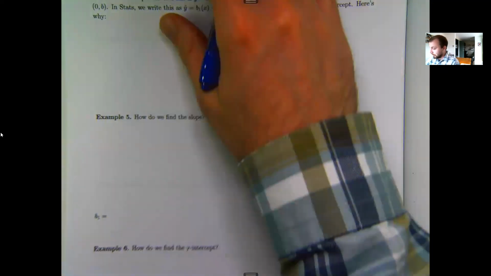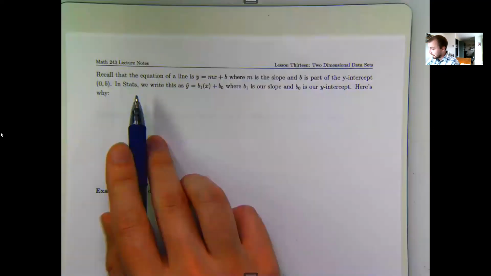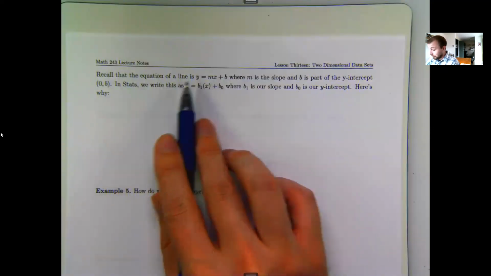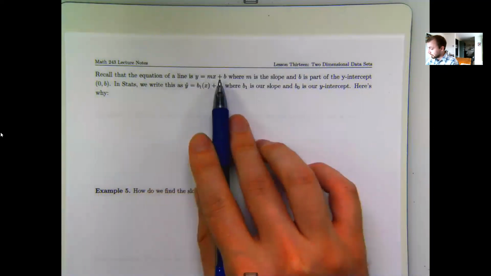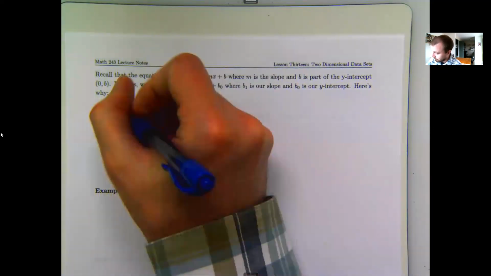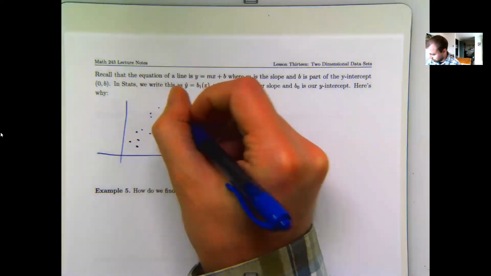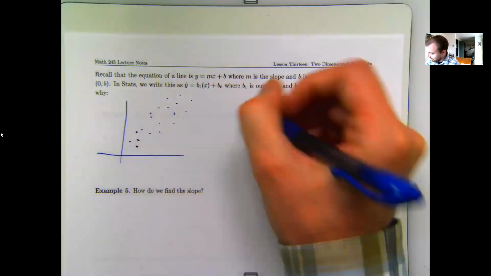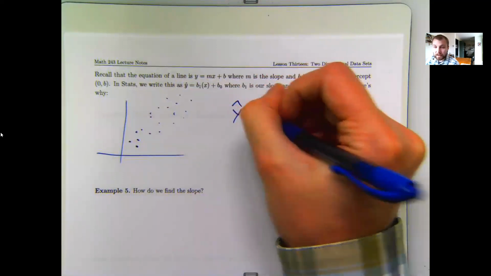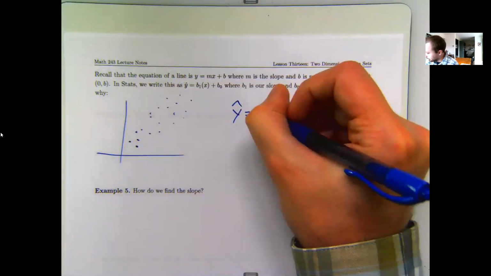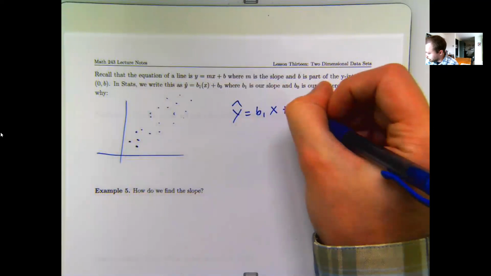So something to keep in mind. In stats, the equation of a line, or in general, the equation of a line is y equals mx plus b. And here's what we're doing. In stats, my lines look like y hat equals b1x plus b0.